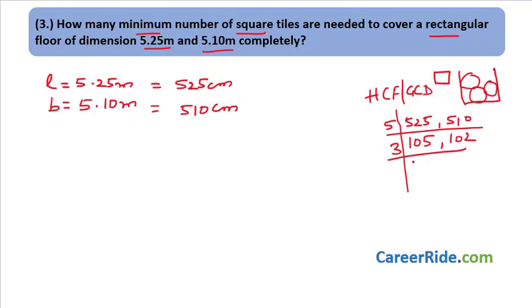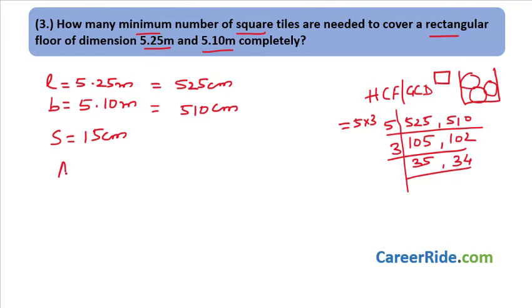So this is 35 and this is 34. Doesn't go beyond this. So the maximum size possible is 5 into 3, that is the GCD here. So that is 15 centimeters. The side of the square can be 15 centimeters.